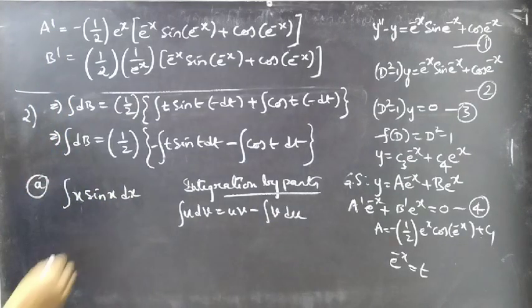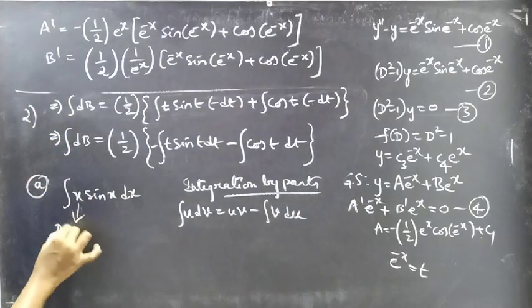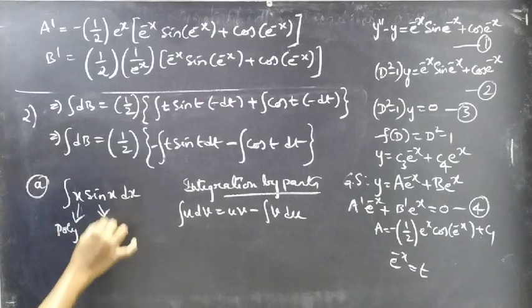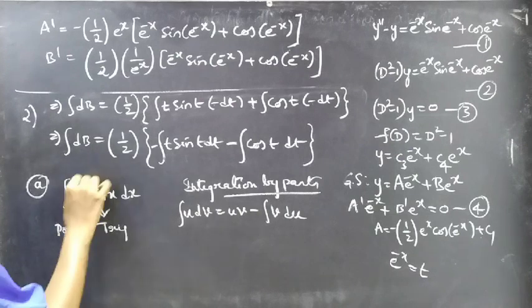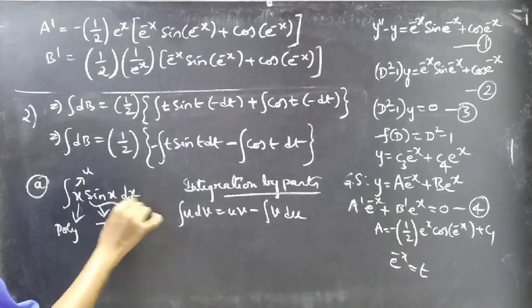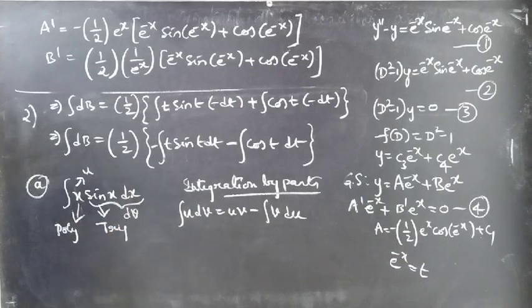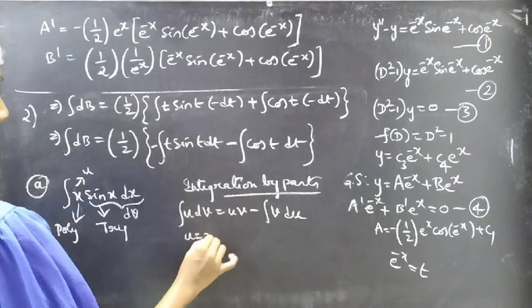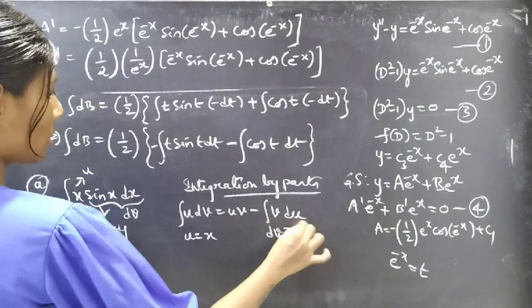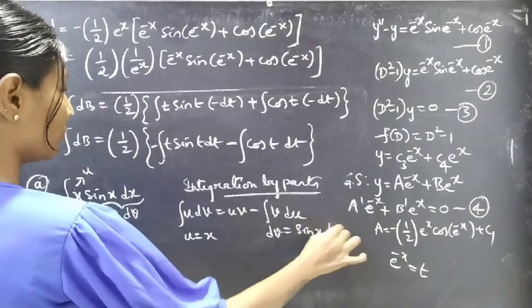The integrand is of the form product of polynomial function and trigonometric function. We'll take the polynomial function as u and the remaining part as dv. So we'll have u equal to x and dv equal to sine x dx, right?